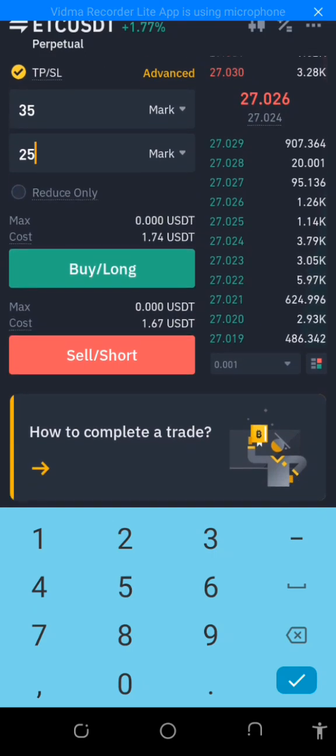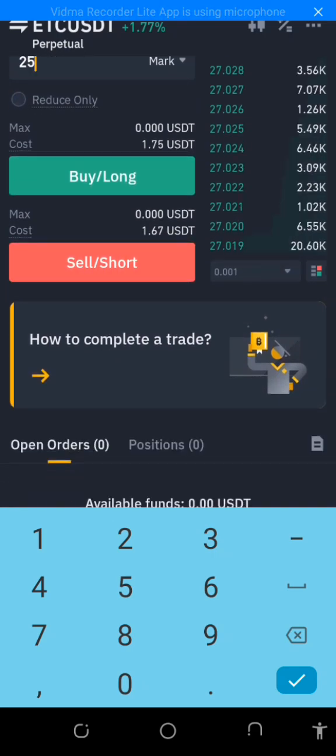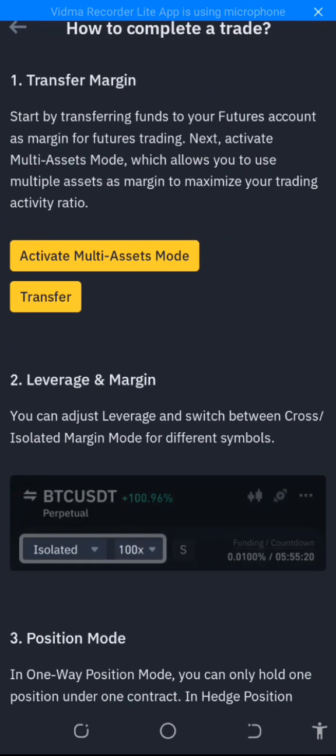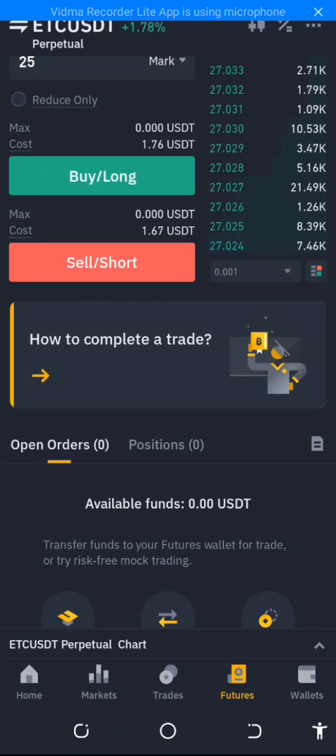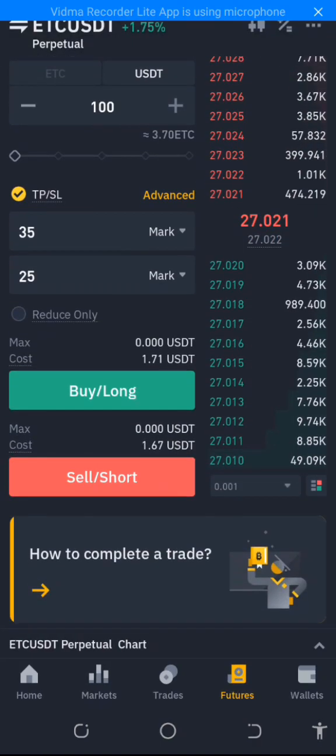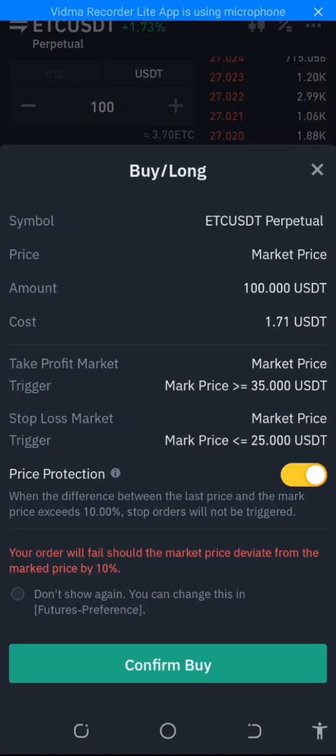When I'm done with all this, I can simply click on this place where they wrote buy, that is if I want to go long. It will now show me the summary of everything that I've done. The symbol I'm trading, the price is market price, and the amount is 100 USDT. The cost is 1.71 USDT. Then look at my target price and my stop loss, everything is in the summary.